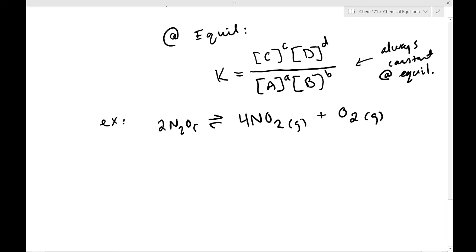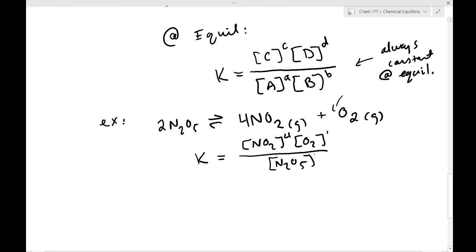I'm already confusing them. The equilibrium constant, K, is equal to the products, NO2 raised to the 4th power multiplied by oxygen raised to the 1st power, because this number here is a 1, divided by N2O5 raised to the 2nd power, because 2, 4, 1, those are the stoichiometric values in the reaction itself, and that's what we're raising the concentrations to in this expression.